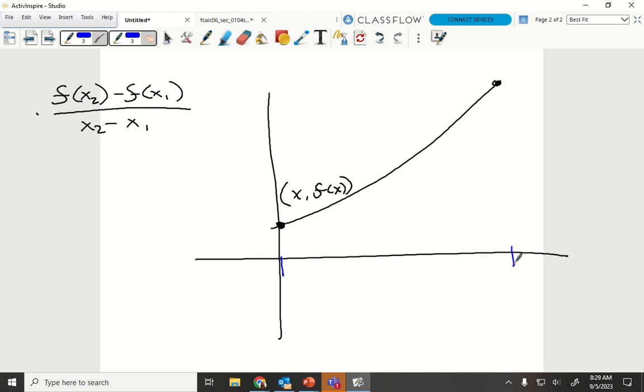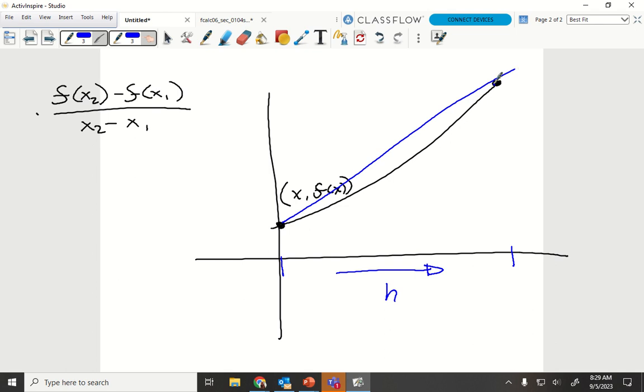From here to here is h. Here all the way to here is h. So I'm adding h, because I'm eventually going to get this line through here. So I am defining a limit here.